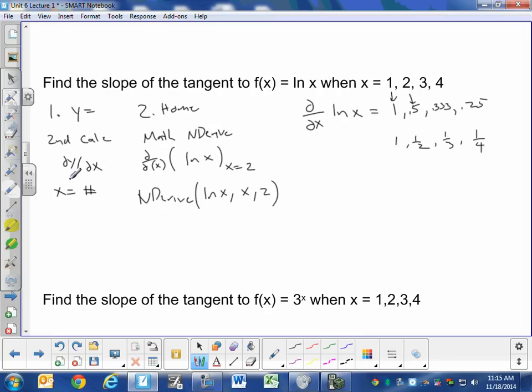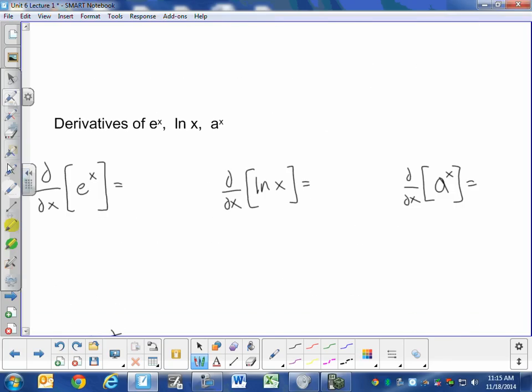Guess what the derivative at 5 is? 1/5. Okay. So in general, the derivative of log x, what do you think it is? 1/x is correct. Okay, that's your first new derivative rule that you're learning. The derivative of log x is 1 over x.